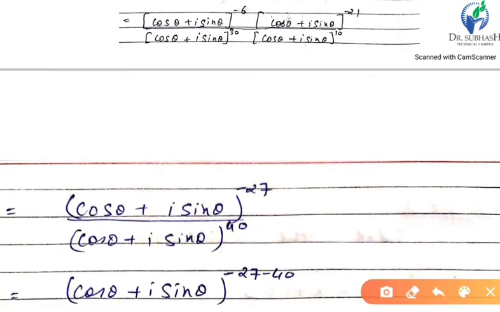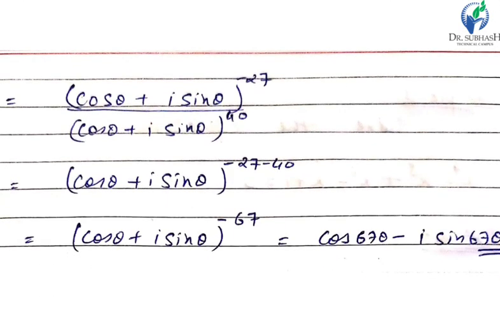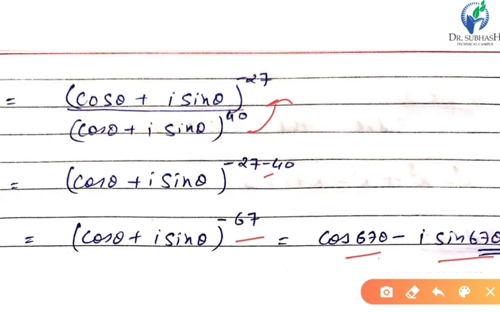So in the numerator, minus 6 minus 21 is equal to minus 27, and in the denominator 30 plus 10 can be written as 40. Now, by the rules of exponent, when the denominator goes to the numerator, the powers will be subtracted. So minus 27 minus 40 will become (cos theta plus i sin theta)^-67. Now, again, according to De Moivre's rule, this can be written as cos 67 theta minus i sin 67 theta.